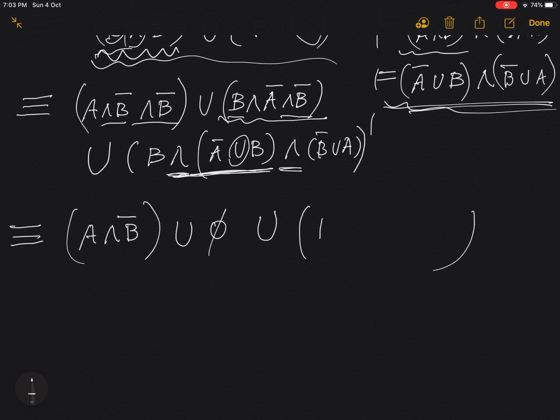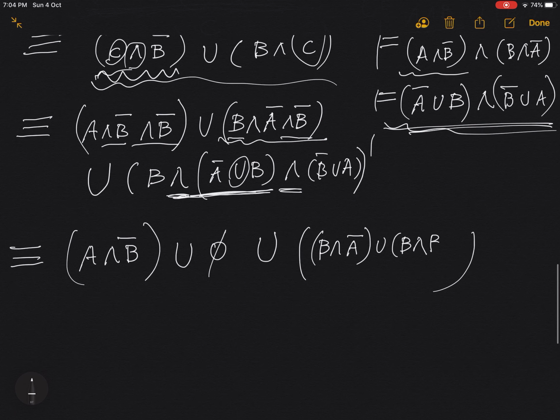We will have B and the complement of A, or B and B, and then and the complement of B or A. So we can notice that B and B is B here, right?